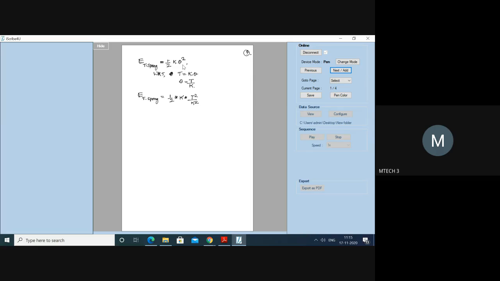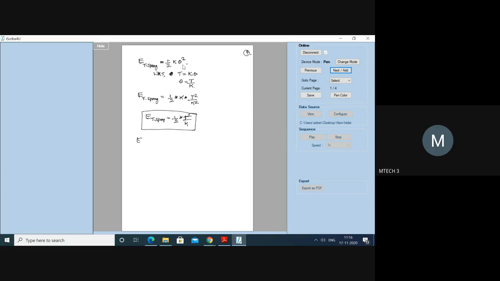So one k gets cancelled. Therefore, E of torsional spring will be equal to half into T square by k. This is with respect to the energy in the torsional spring.